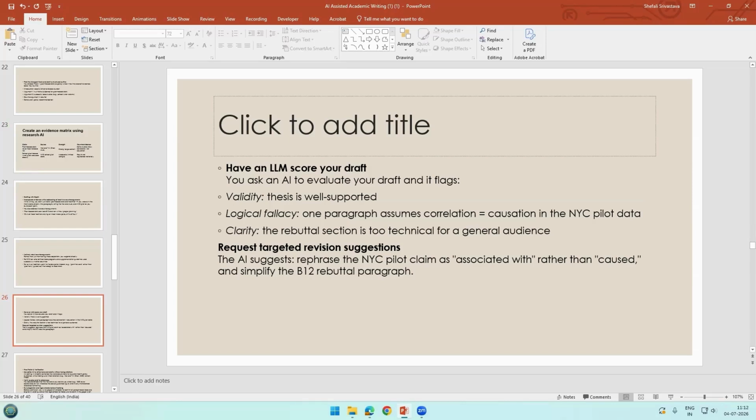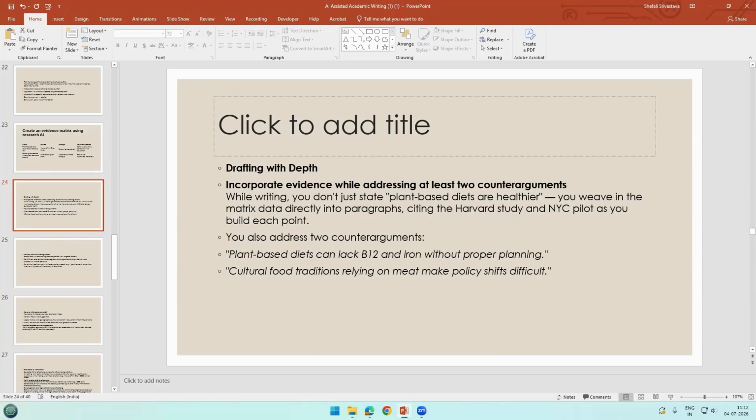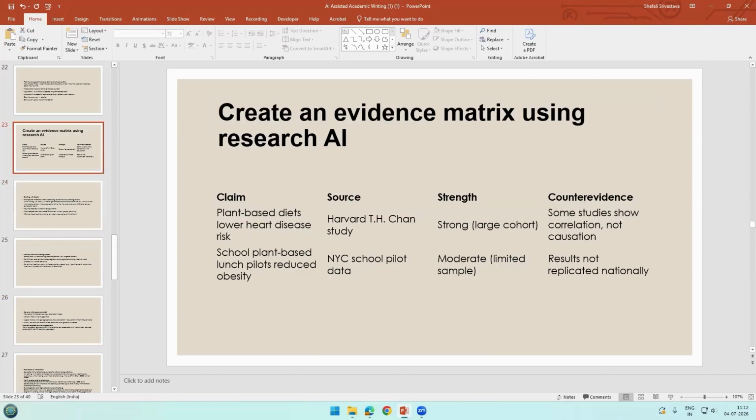Like when we are saying that school-based plant lunch pilots reduce obesity, that means if there is no causation in it, there is just a correlation that obesity reduced when they consumed plant-based lunch pilots or diets.